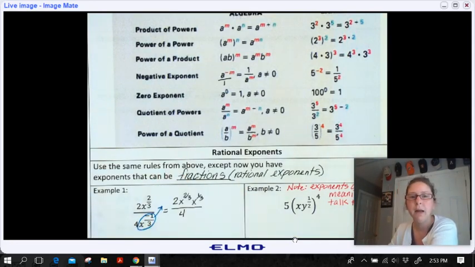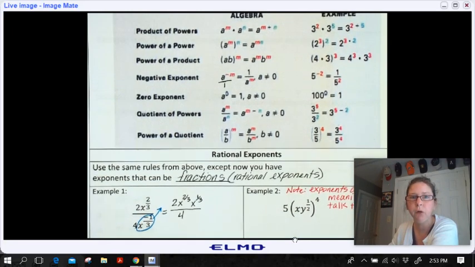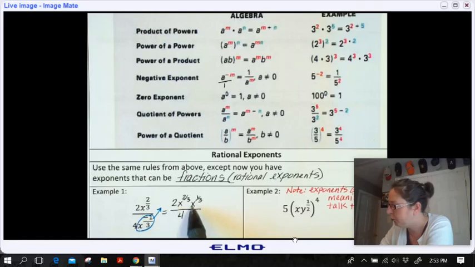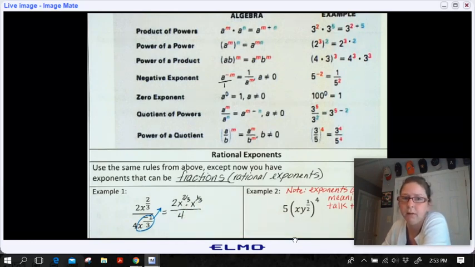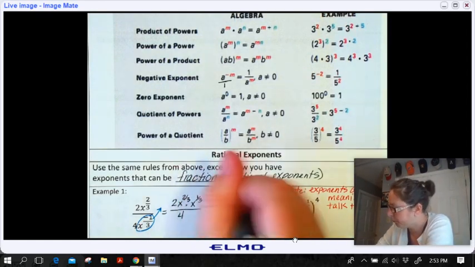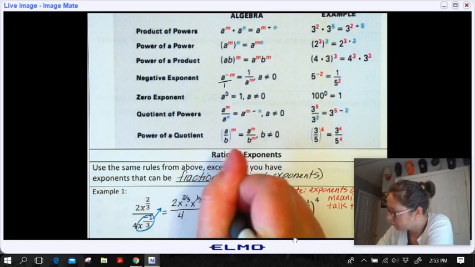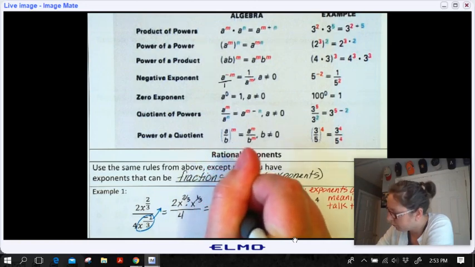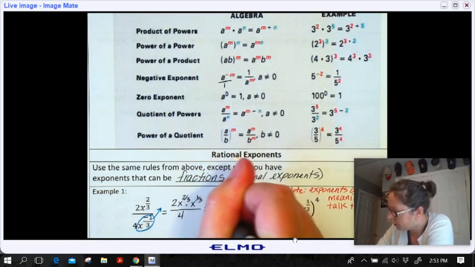All right, now we're ready to go ahead and use our product rule, which is if you're multiplying two bases that are the same, you're going to add these exponents. Fortunately, they already have a common denominator, so we can add them. 2/3 and 1/3 is 3/3 over the 4.